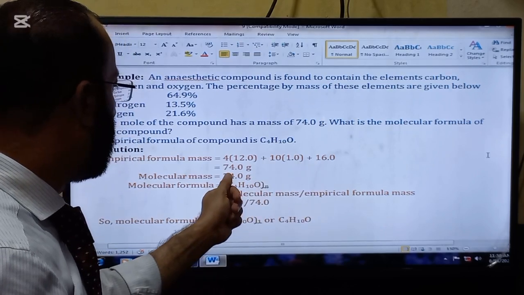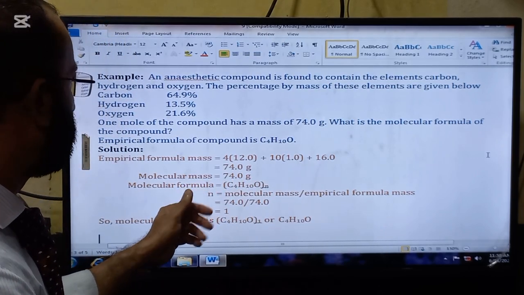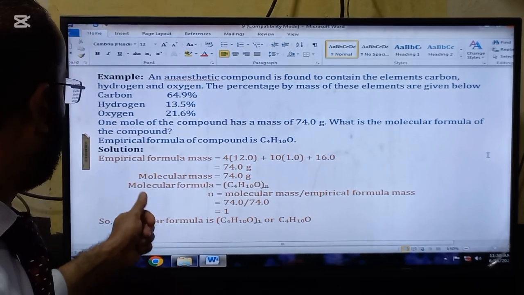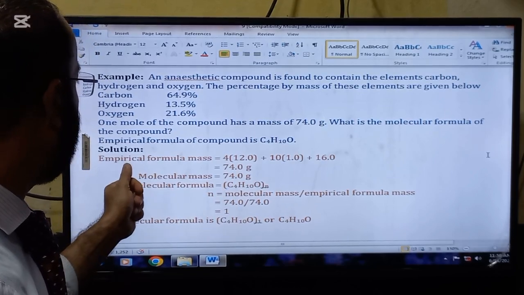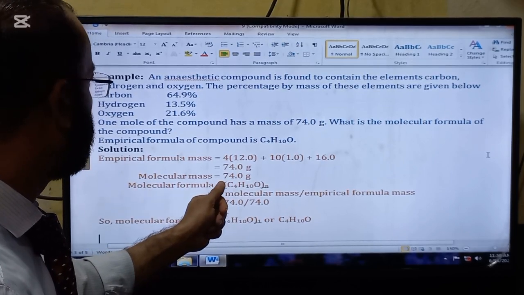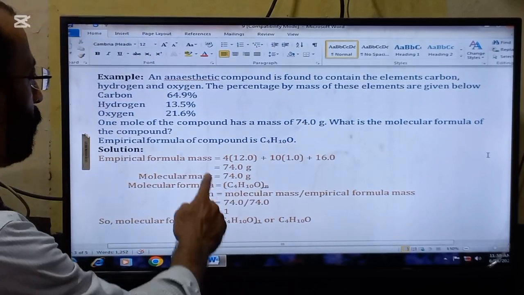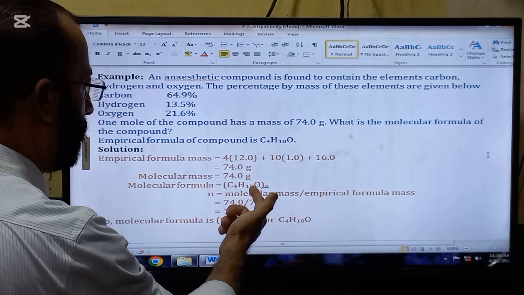So solve it on the calculator. Okay, this is not the molecular mass, this is actually the empirical formula mass. Okay, molecular mass is also 74. So it means empirical formula mass is 74 and molecular mass is also 74.